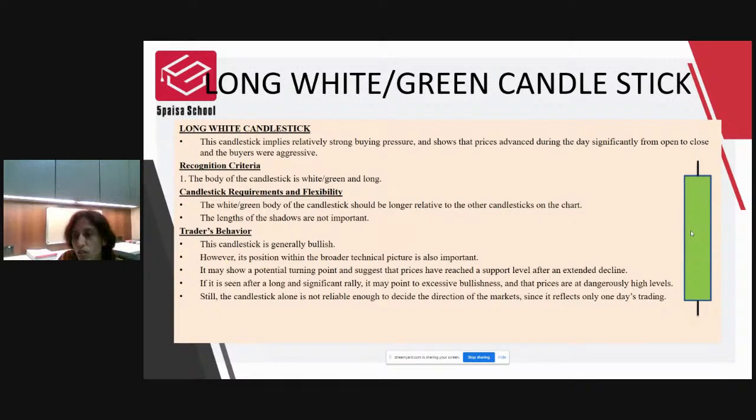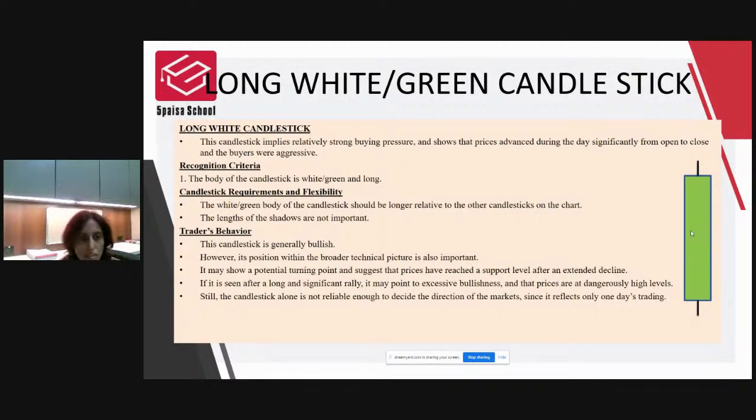That is one good way of understanding the long white candlestick. The lengths of the shadows are not very important, so the major emphasis should be on the real body. What kind of trading behavior does it emphasize? It emphasizes a bullish sentiment across the market on that particular day or time period.